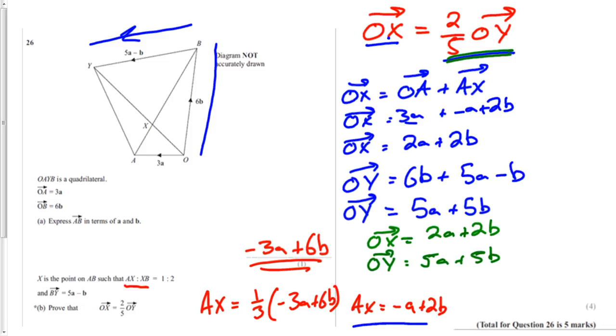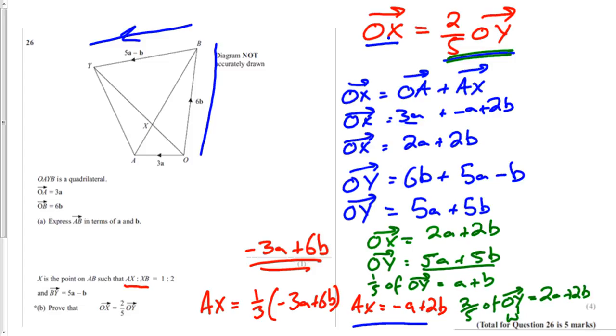So 1/5 of OY equals 1/5 of this. So that means dividing it by 5. So 1/5 of OY is A plus B. So 2/5 of OY equals 2A plus 2B, which is the same. If you can do that, that gets you the 5 marks to round off your A star.